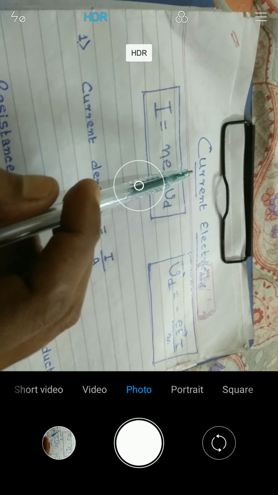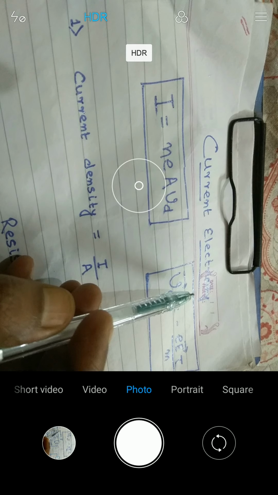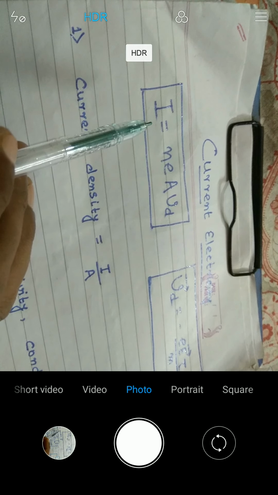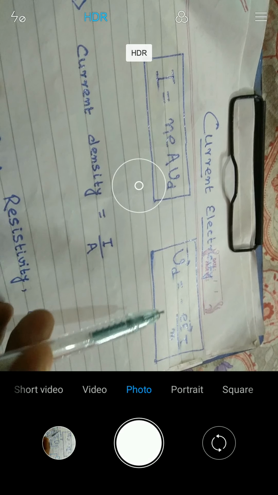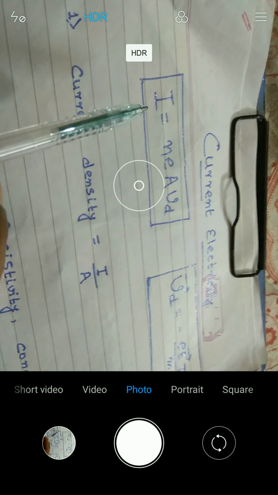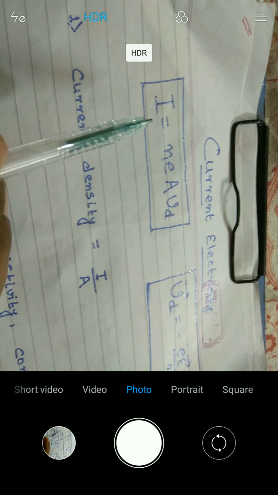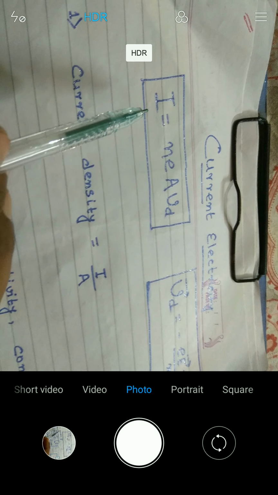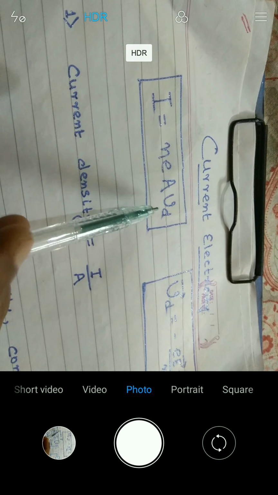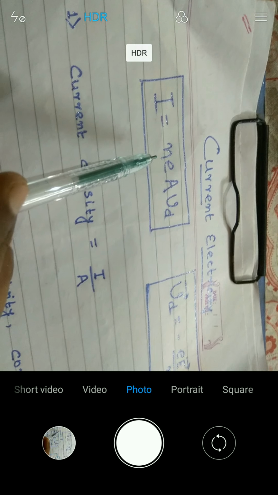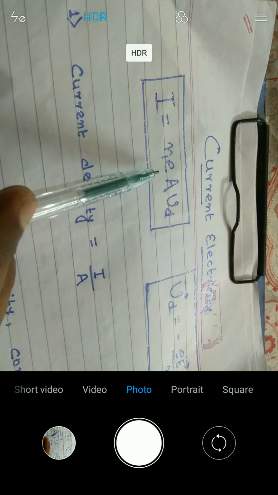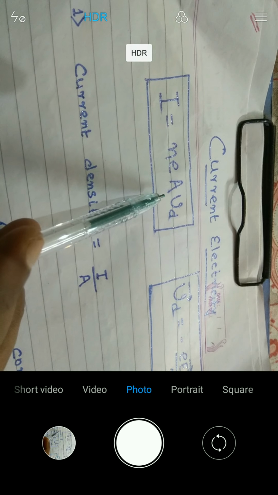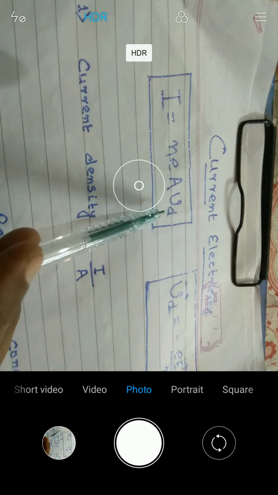OK, so we were discussing the second chapter, Current Electricity. In the previous video we derived two special formulas. One was the formula for current flowing through a conducting wire, that was I equals NeAVd. I is current, N is the number density of free electrons, e is the charge of an electron, A is the area of cross section, and Vd was the drift velocity. We also derived the formula for drift velocity, that is minus eEτ by m.